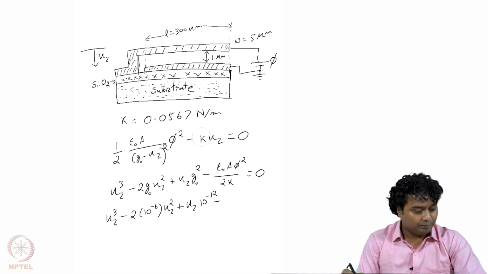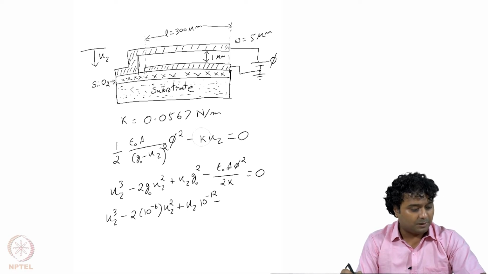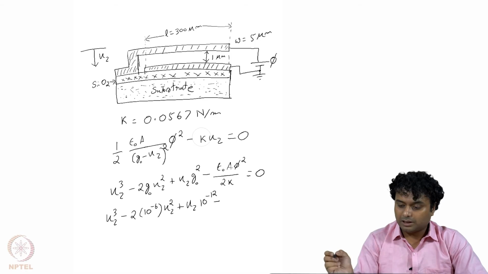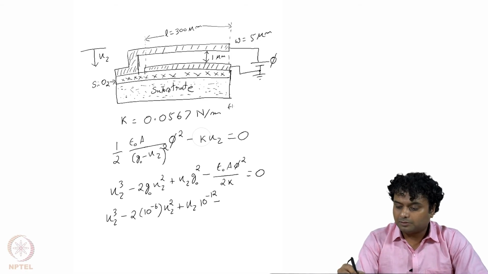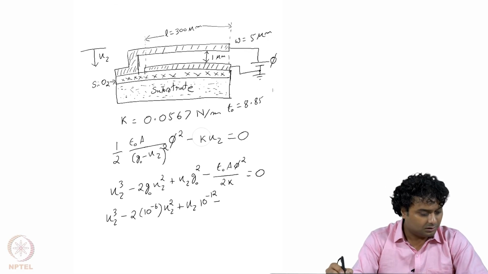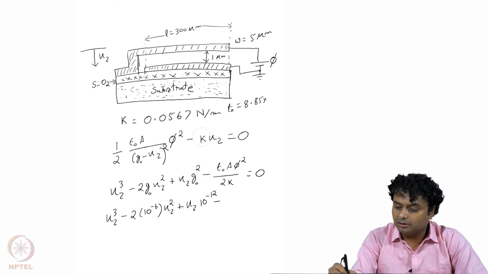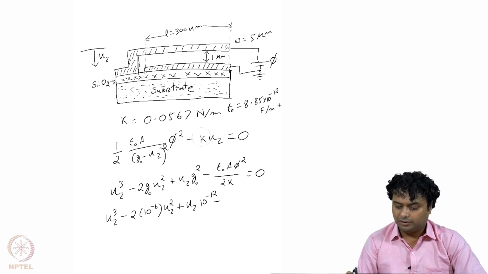Epsilon naught also we know, that is our air permittivity. So let me write down the epsilon naught value. Epsilon naught value is 8.85 into 10 to the power minus 12 farad per meter, in SI unit.